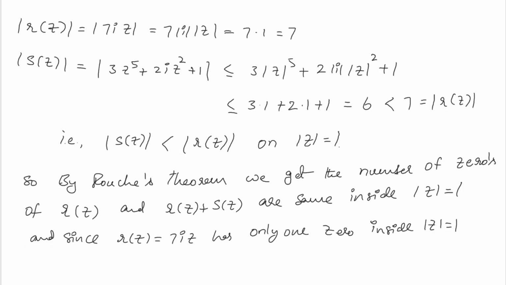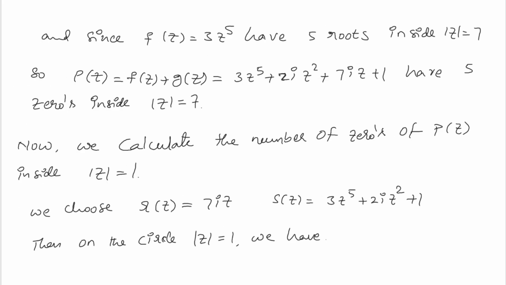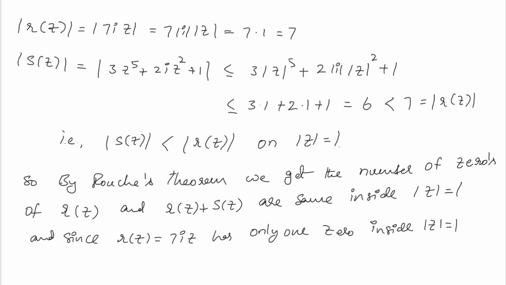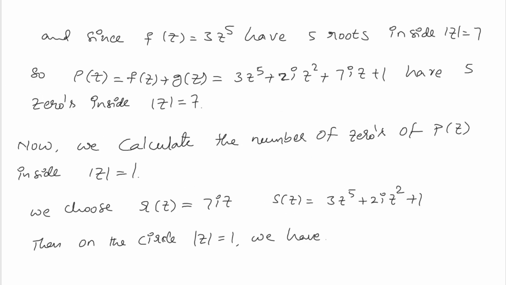In this case also, one can have some doubt about why we should choose r of z and s of z in this way. We are choosing them in this way so that the condition s of z is less than r of z holds on the circle mod z equal to 1. Or one can check the choice of r of z by trial and error.